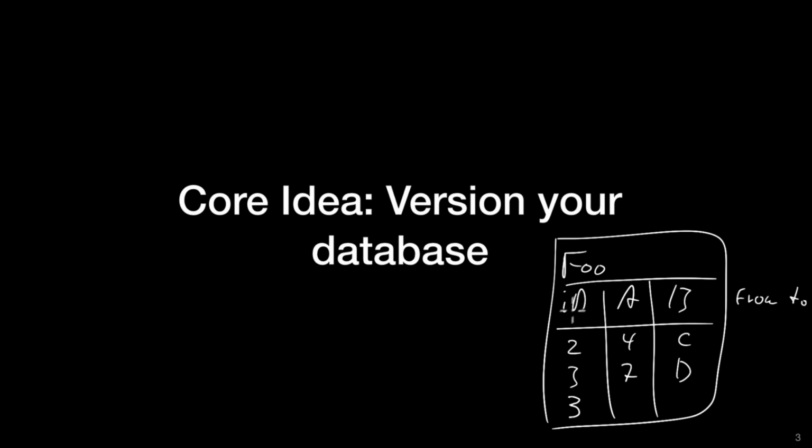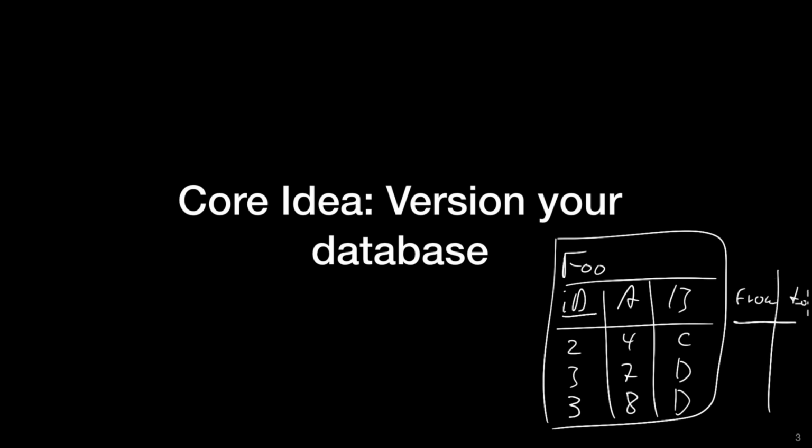This would be forbidden in a standard database if this is a key. In a standard database you are only allowed to have one entry per ID. That is what the idea of a key is about. But here you may have multiple entries, say here the value of A is 8 and B is still D. That's a difference, but you would version it somehow in one way or the other.